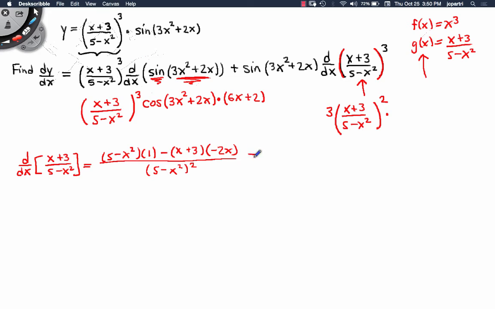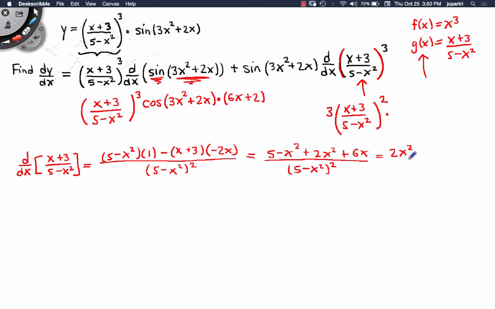So the numerator becomes 5 minus x squared, and then plus 2x squared plus 6x, all over 5 minus x squared, squared.